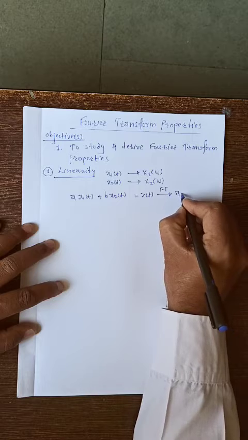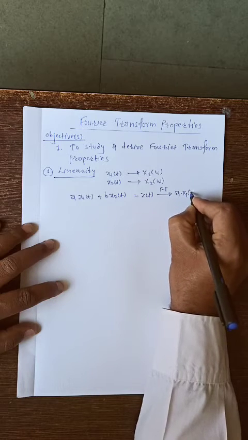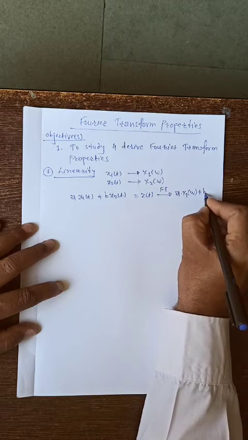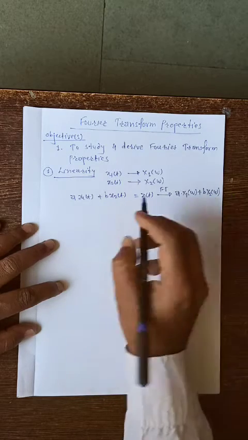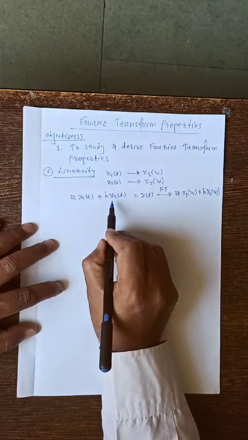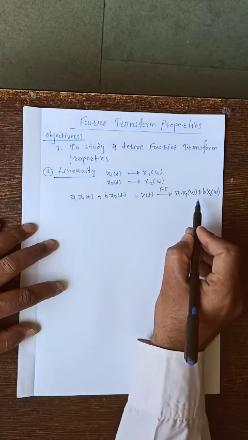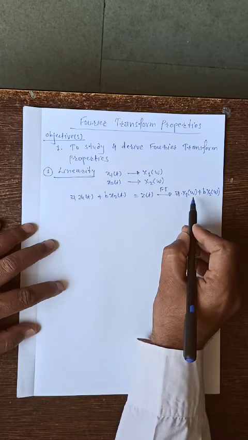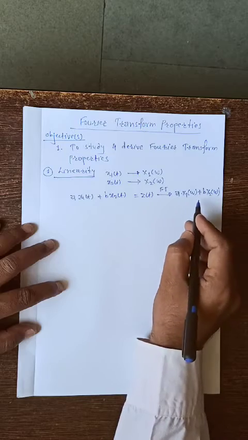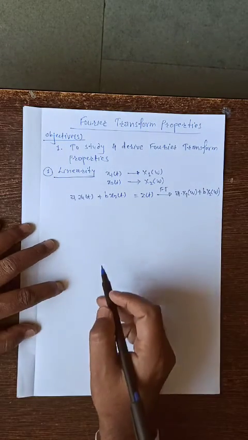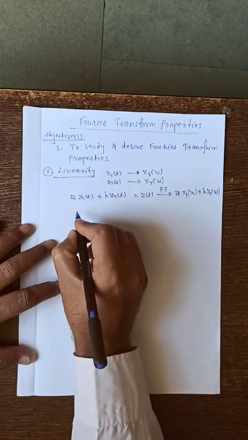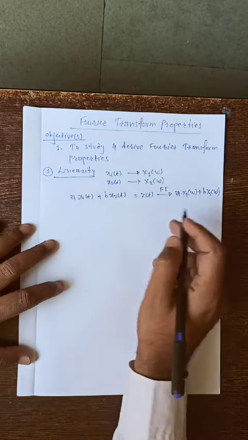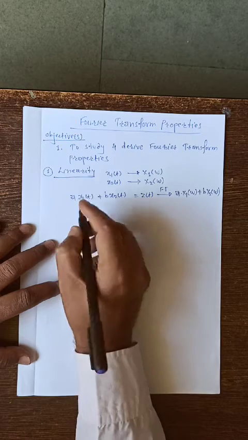a X1(omega) plus b X2(omega). Means what? If you take the Fourier transform of a linear combination of inputs, then the output is nothing but the linear combination of the Fourier transforms of the individual signals. We can prove this property as z(t) is equal to this linear combination.